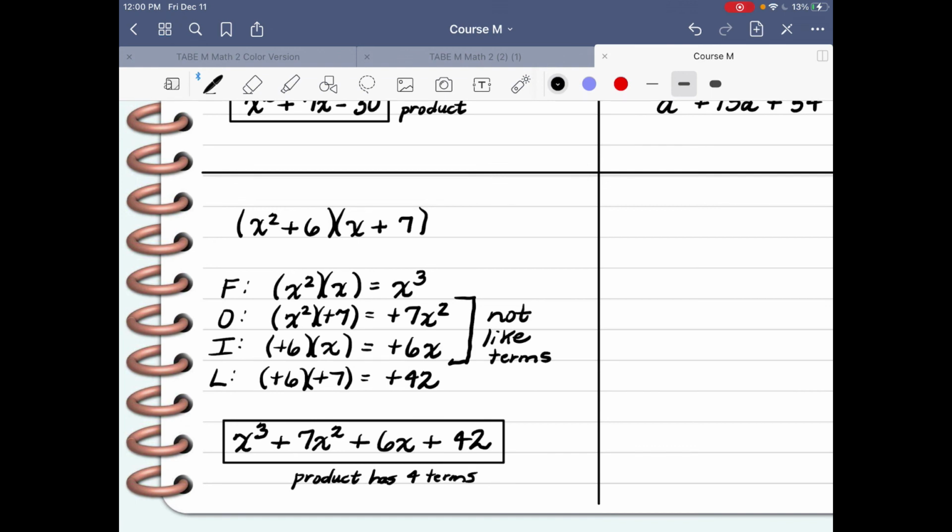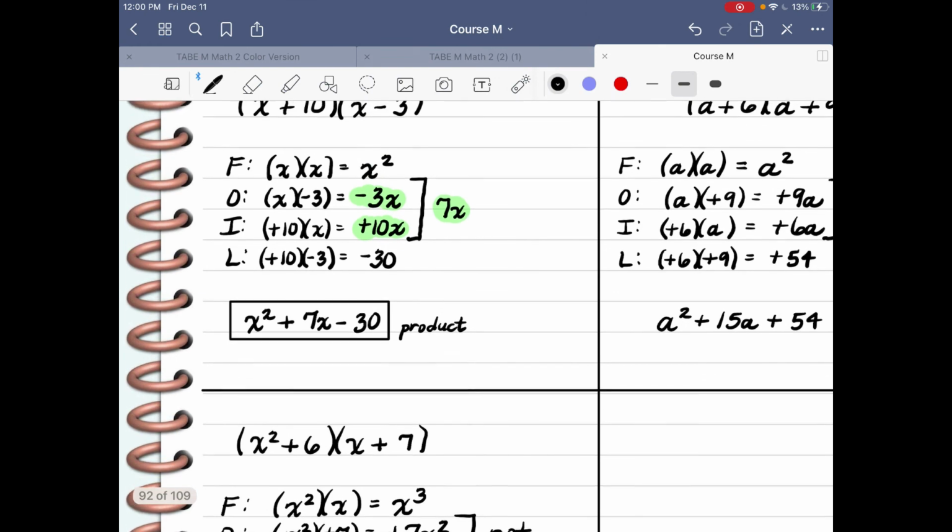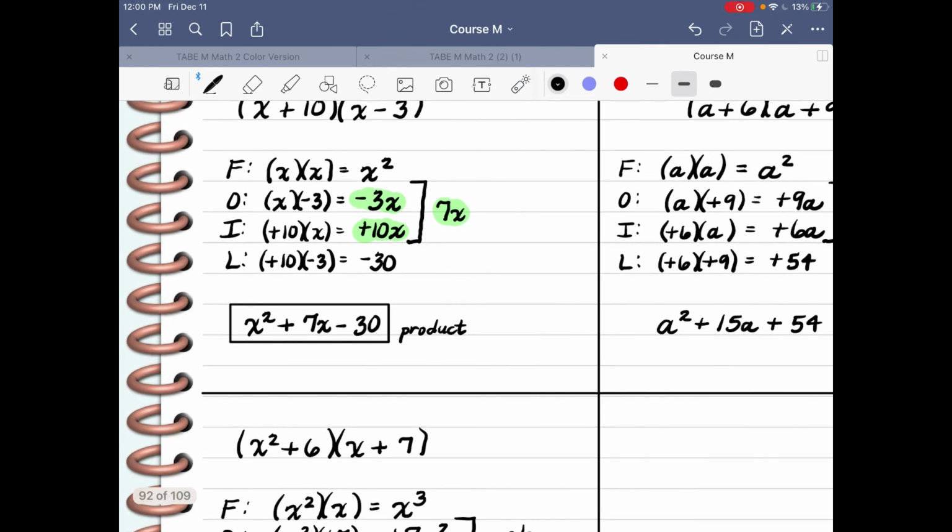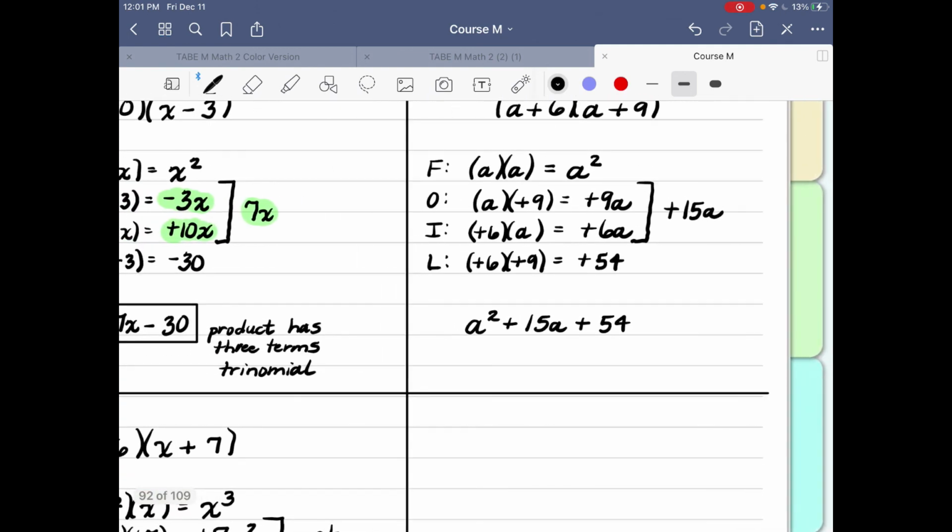And let's go back and look at that with these. In this first one, the product has 3 terms. That's called a trinomial. You're multiplying binomials to get a trinomial. This product has 3 terms, so it too is a trinomial.